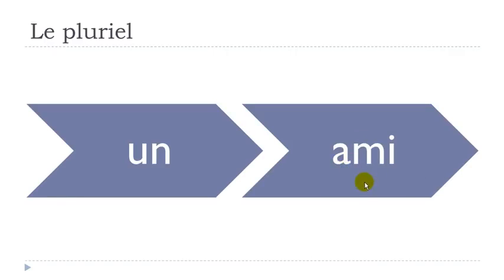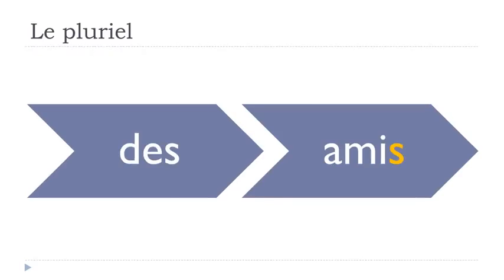So if we want to construct the plural form, obviously the article will change. We saw previously that the plural article was des in that case, and then we keep the same word, ami, and the rule goes like that: you add an s at the end of the word.